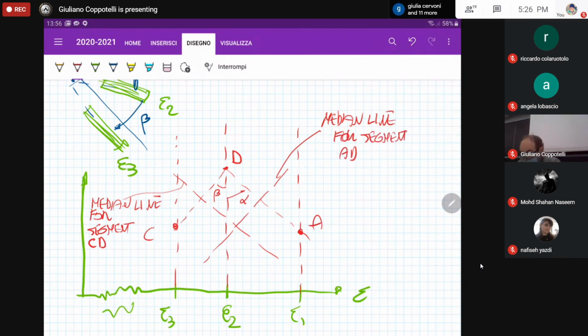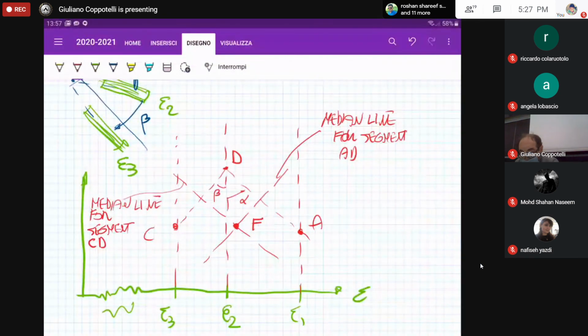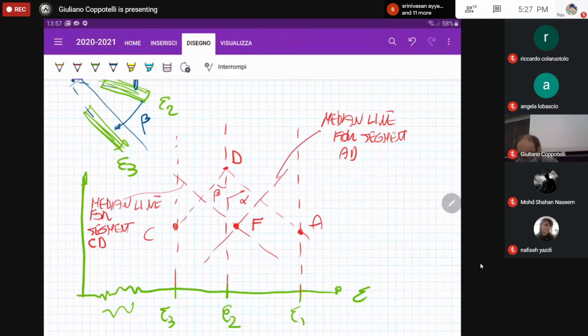The intersecting point here that we call F is a point that has the same distance from C, D, and A by definition. Now, if I draw the circle that is passing through this point D, A, and C, like that.